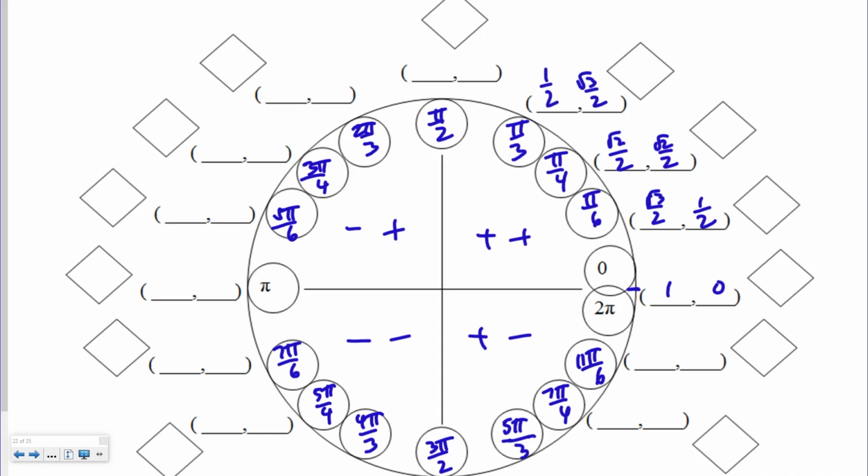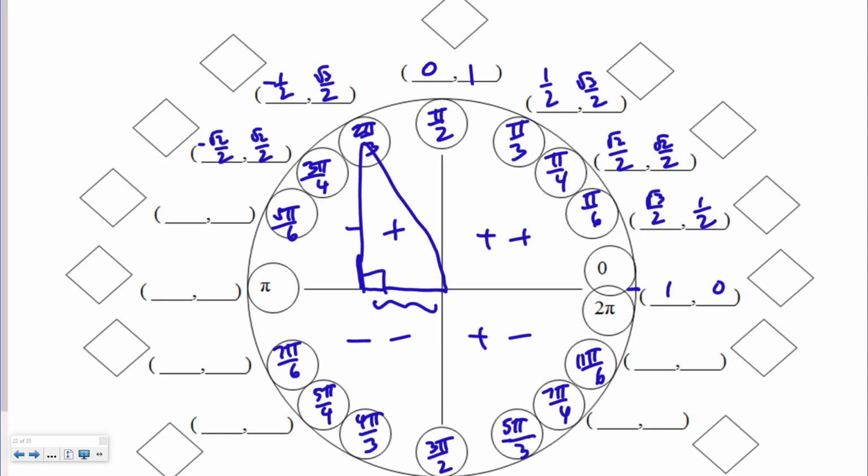This here is going to be over 0, up 1. This one's going to be negative 1/2. If you think about this triangle right here, this distance here will be negative 1/2, square root of 3 over 2. Negative square root of 2 over 2, square root of 2 over 2, and so on. And I'll let you finish that.